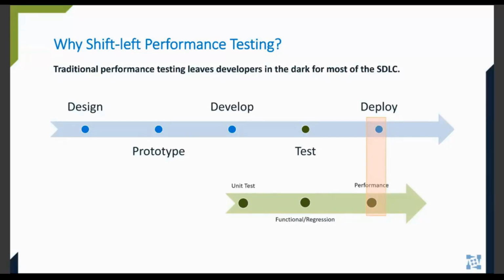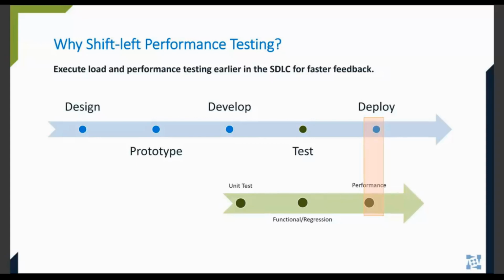And I'm sure we've all experienced the pain and resource issues of finding an unforeseen problem either just before or, worse, after rolling a product into production. So how do we avoid that? What if you shift load and performance testing to the left so that it becomes part of functional regression testing?